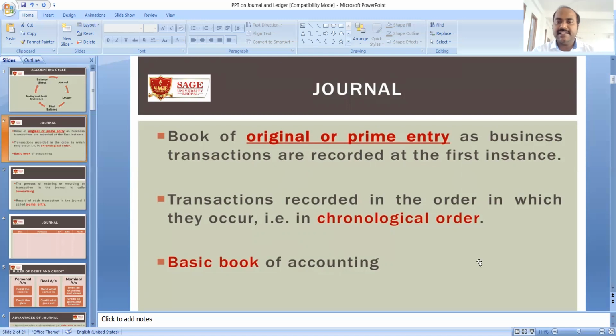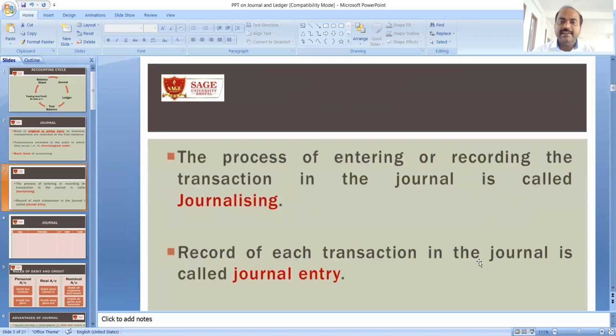As business transactions are recorded at the first instance, they are to be recorded in chronological order, and hence it is called the basic book of accounting. The process of entering or recording the transactions in the journal is called journalizing.